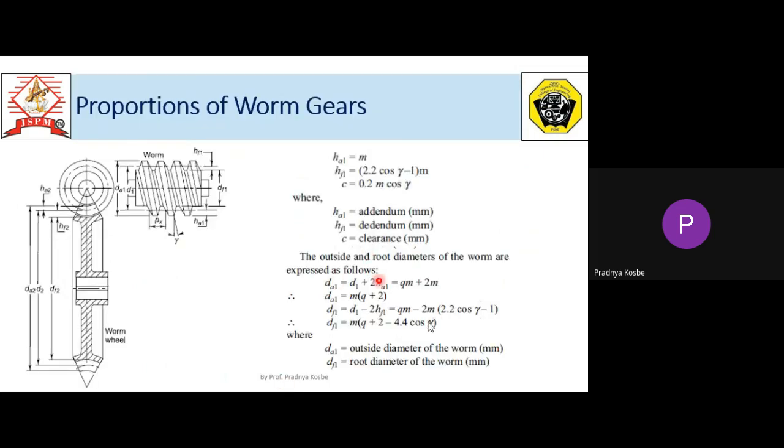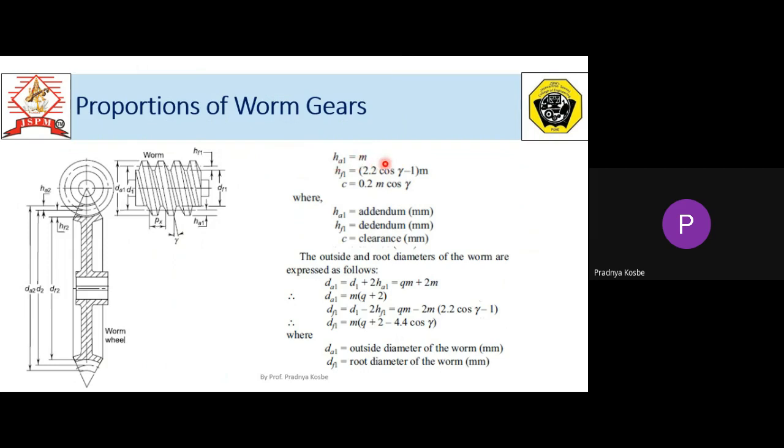Now we'll see the proportions. According to standard dimensions, the height of the addendum of the worm, that is HA1, is equal to the standard module.